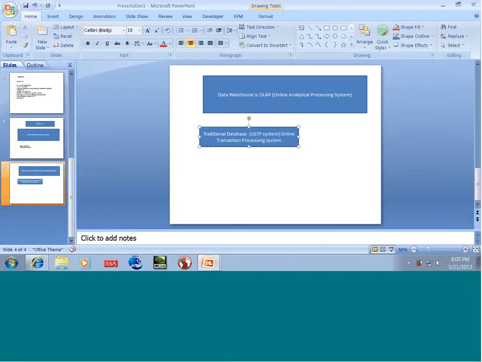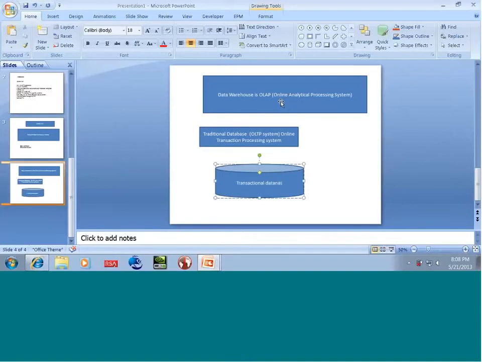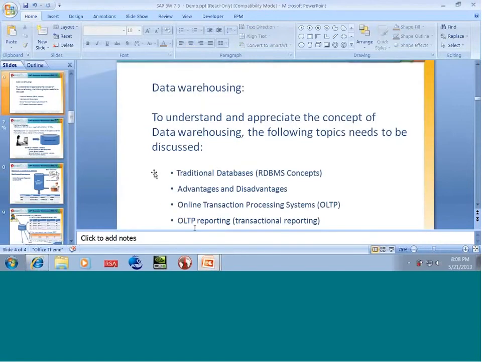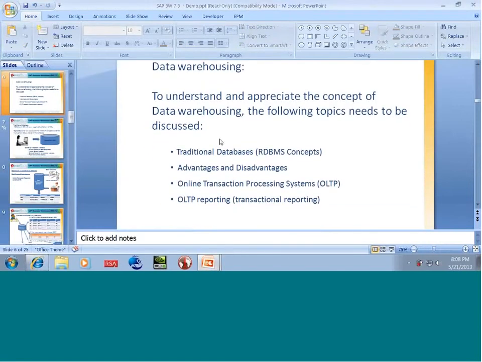As the name suggests, it is a database that is structured to save transaction type of data. So let's look at transactional database. So this is what I'm covering.